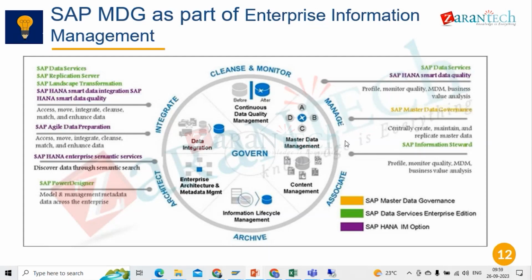And coming to master data governance, here we create master data at the central level, maintain master data in the MDG system, and replicate master data from the MDG system to all the target systems.